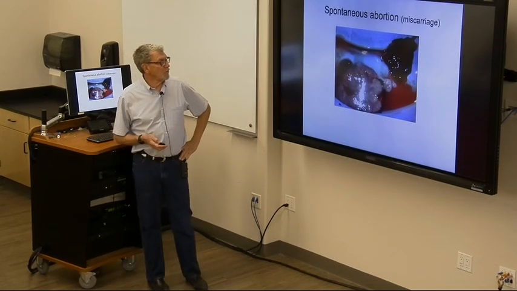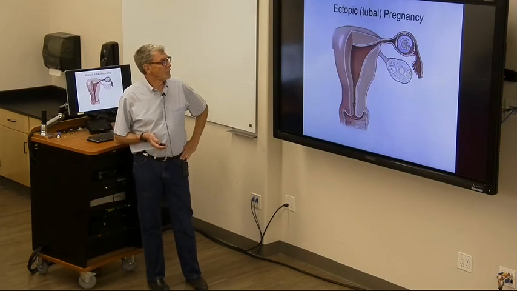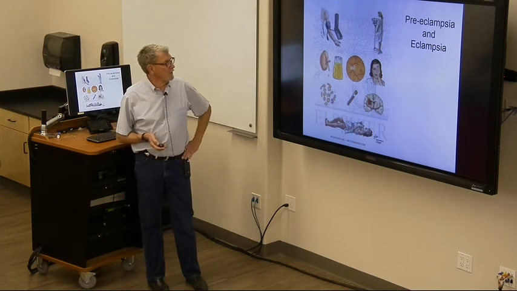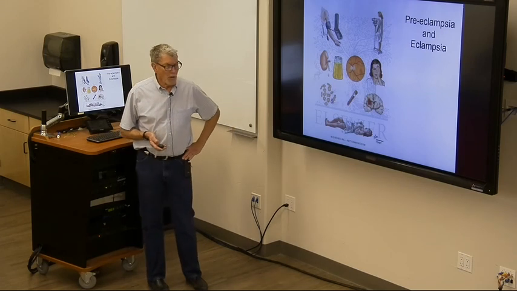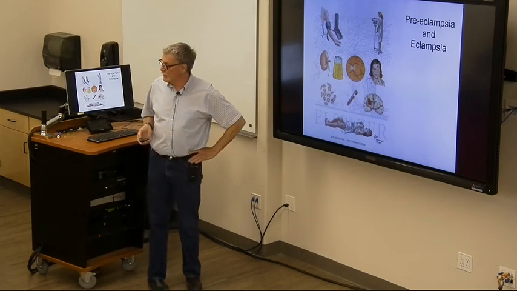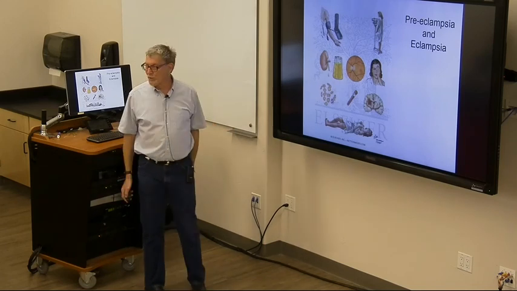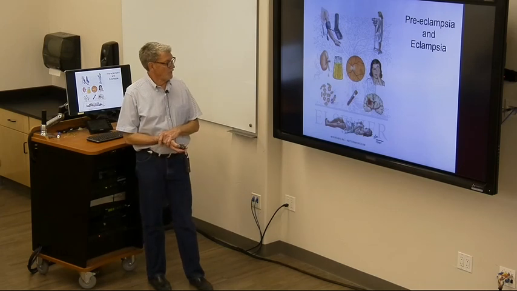Miscarriage, spontaneous abortion. Tubal pregnancy, we saw. Eclampsia and preeclampsia. Extreme high blood pressure, blurred vision, monster headaches, nausea, vomiting, and all kinds of awful things.